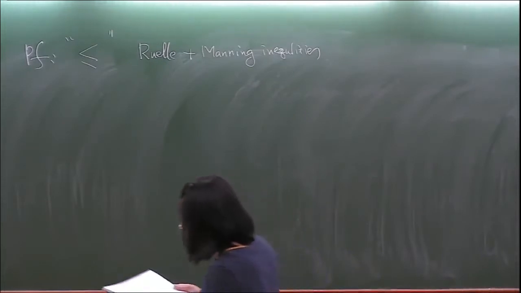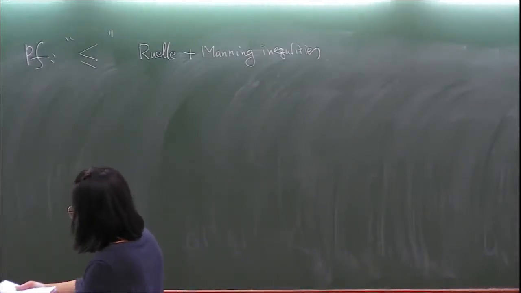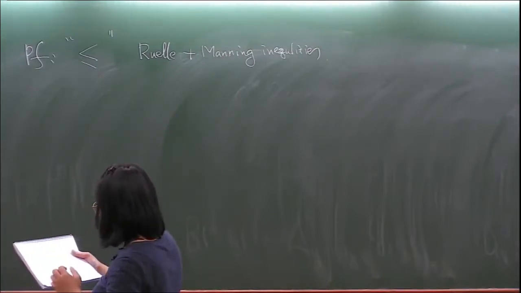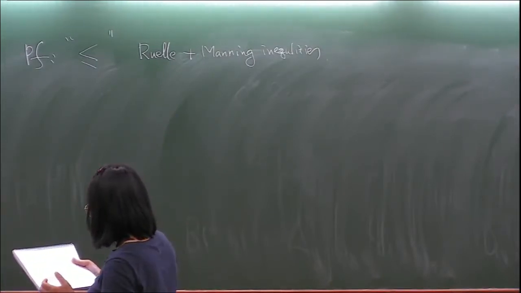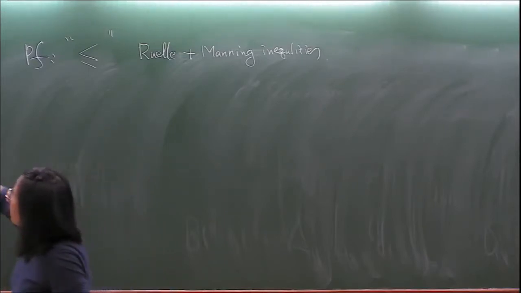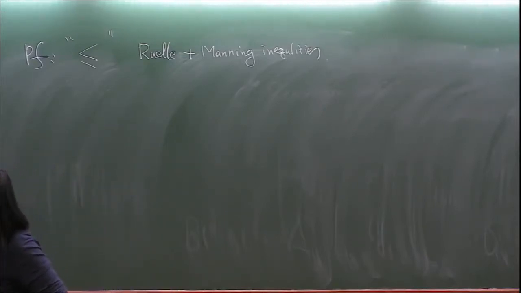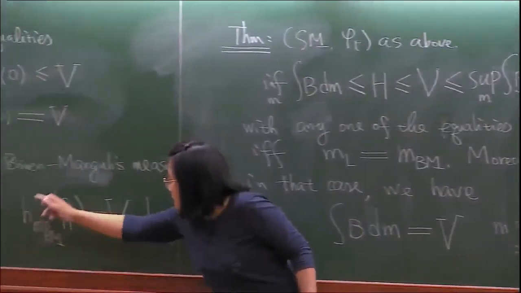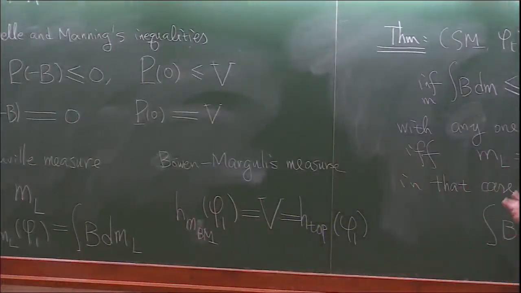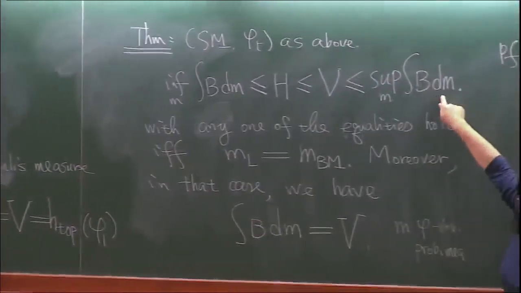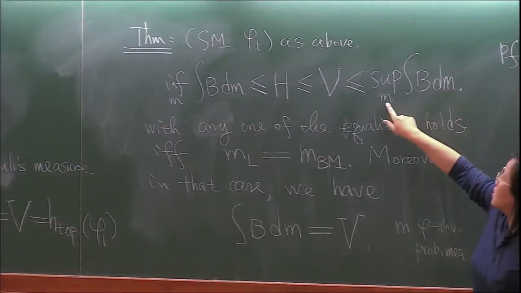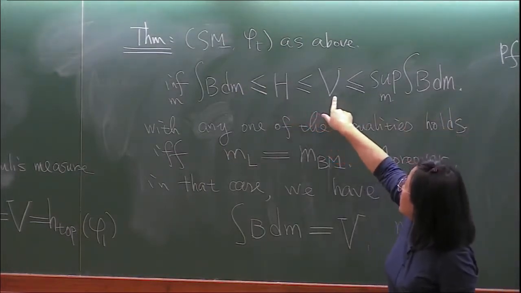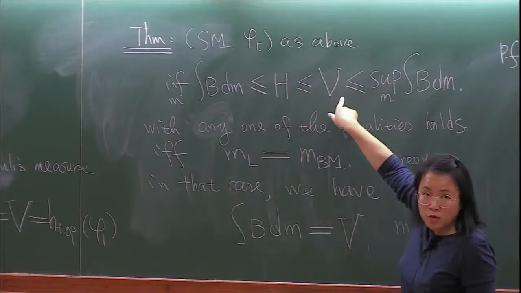So you see that? So first V is the topological entropy. It's attained at the Bowen-Margulis measure, and then this measure theoretical one should be less or equal to the integral with respect to Bm. So of course it's less or equal to the supremum. And H less or equal to V is because V is the topological entropy.